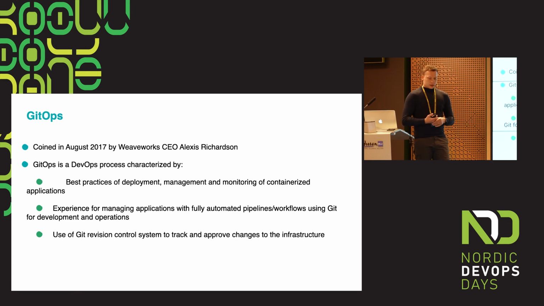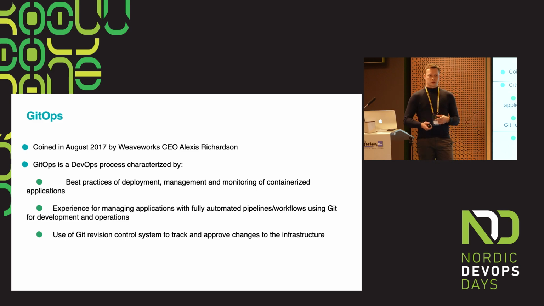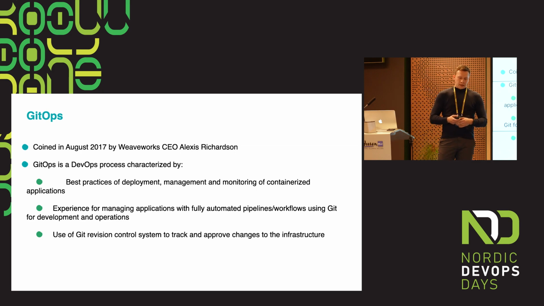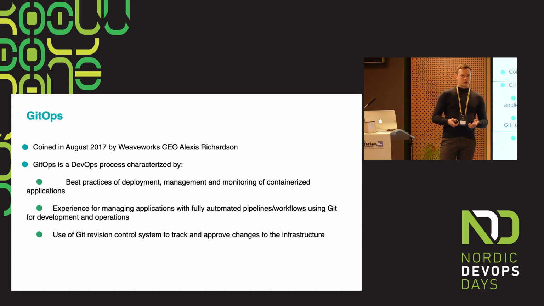GitOps provides an experience for managing applications with fully automated workflows or pipelines using Git for development and operations. And the best use of Git is that, using a Git revision control system, you can track and approve changes to the whole infrastructure.